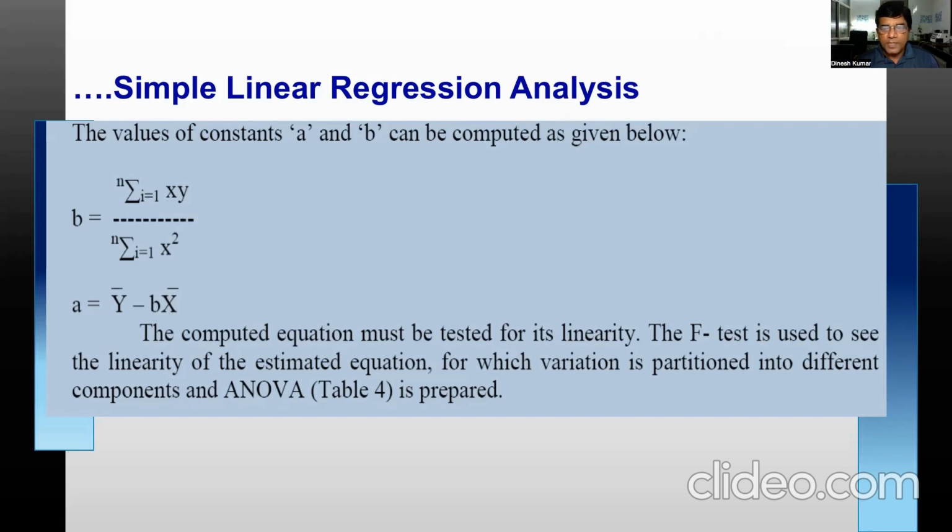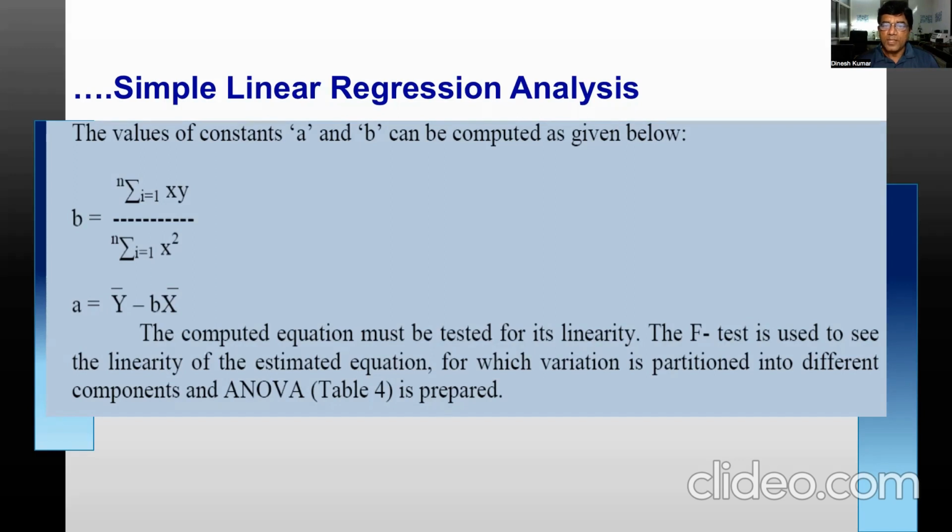So for doing this, we need to employ F test, and this F test will partition the variation into two components. One is variation due to residual or error, and other is variation due to regression or variation due to linearity. So there are only two sources of variation. One is regression and other is residual.